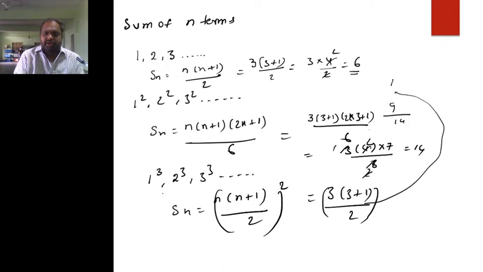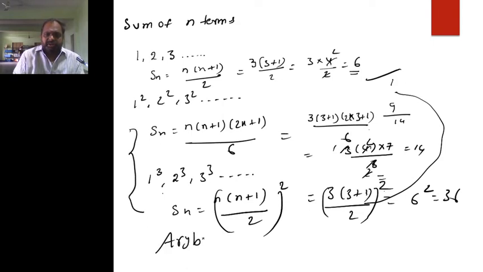Here we got 6, n into n plus 1 by 2. So 6 square, that is equal to 36. So this formula was given by Archimedes, and these two, sum of squares and cubes, by Aryabhat, our Indian mathematician. Okay.